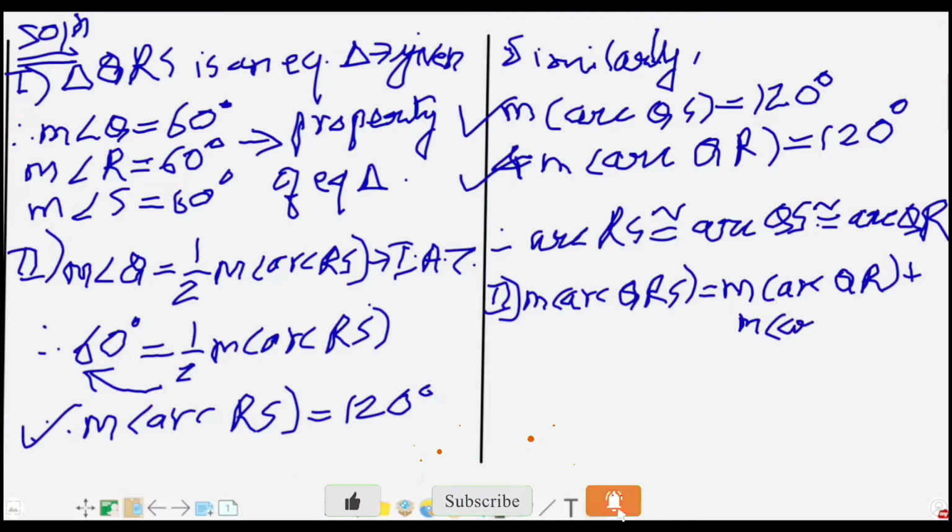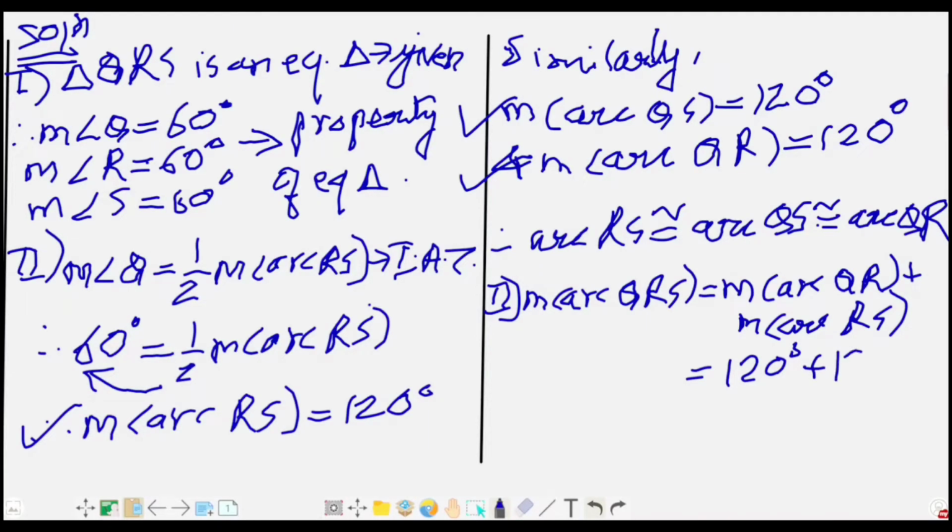You have already calculated their measures, students. Both are 120 degrees each. So QR is 120, RS is also 120 degrees. 120 plus 120 is 240 degrees. So your second part, that the measure of arc QRS is 240 degrees, is also proved.